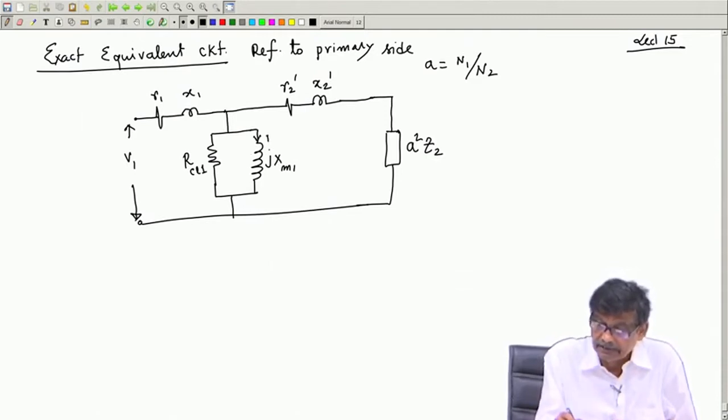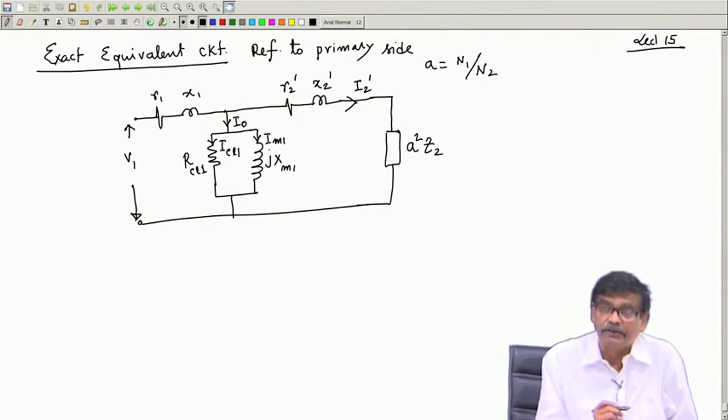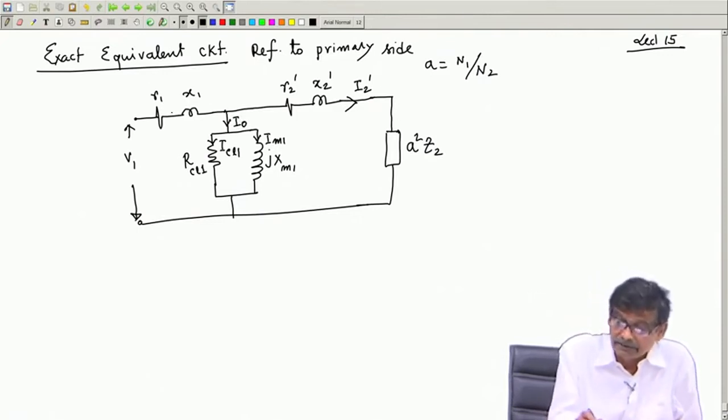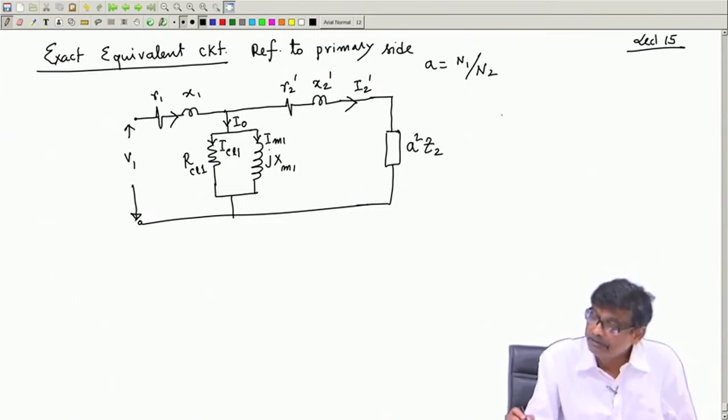So, this current is called Im, and this current is the core loss component ICL. You can write 1 referred to primary side. This current is your I2 dashed, and this current we call I naught, the no load current, because I naught has two components.